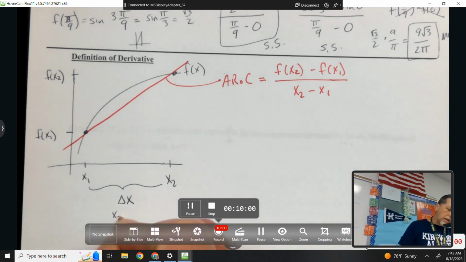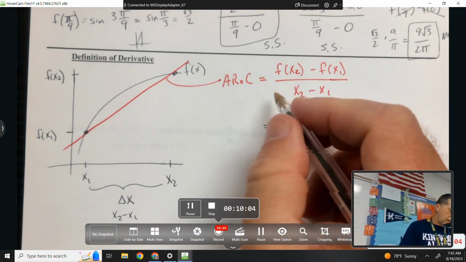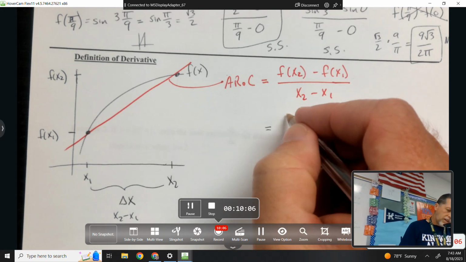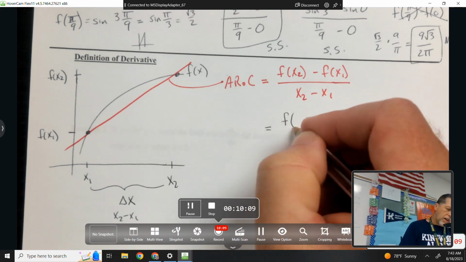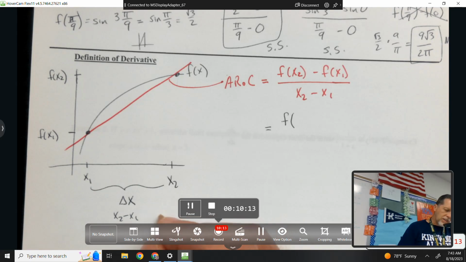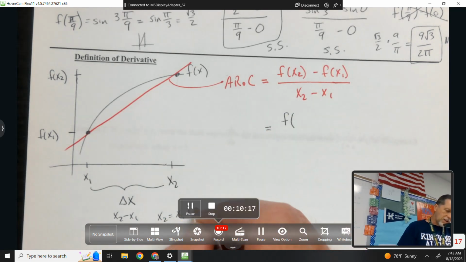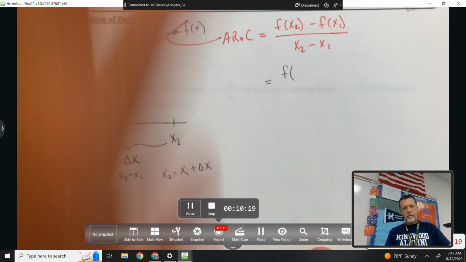And that's equal to x2 minus x1. So now we could rewrite this AROC thing as f of, well, x2 now is, I could rewrite x2 as x1 plus delta x.